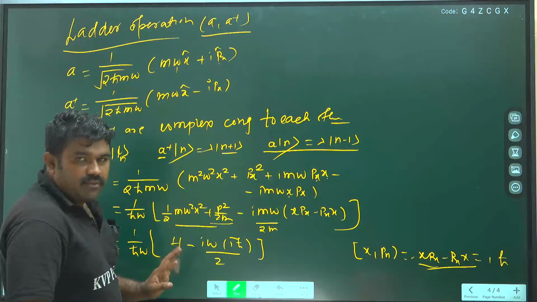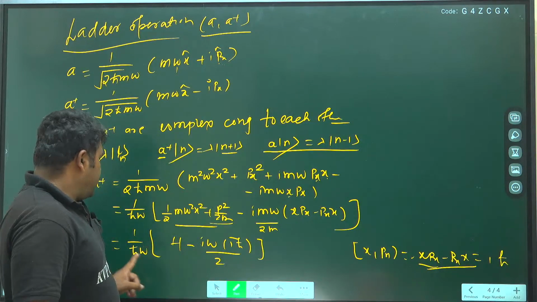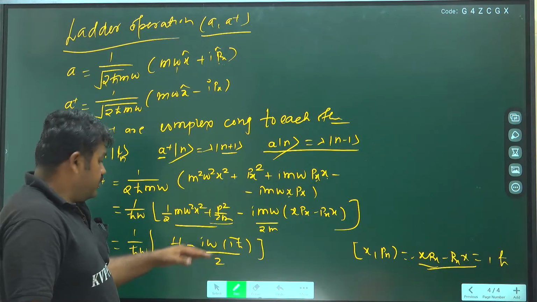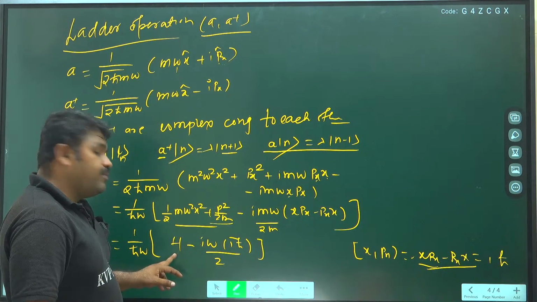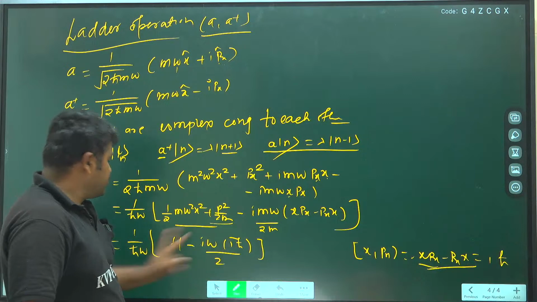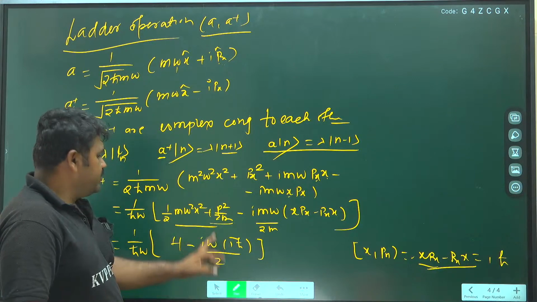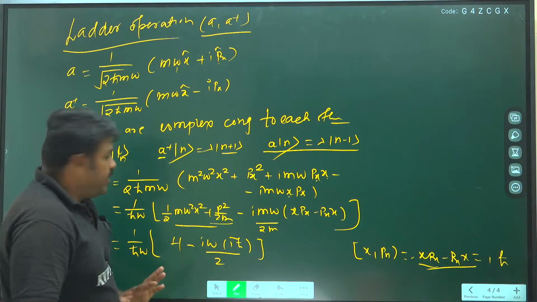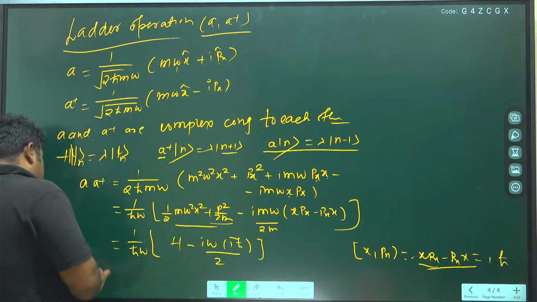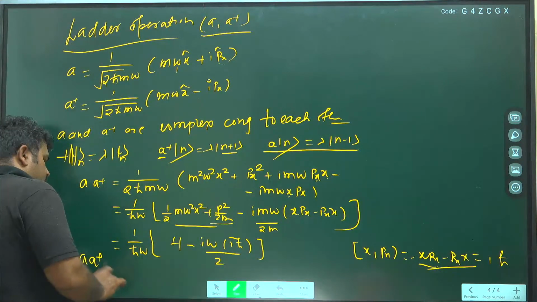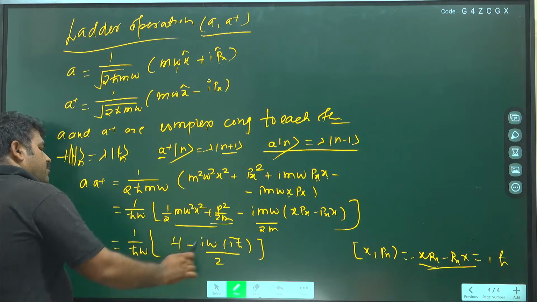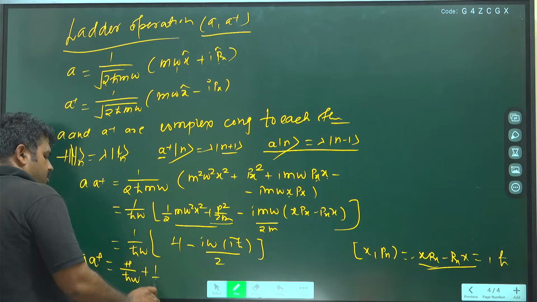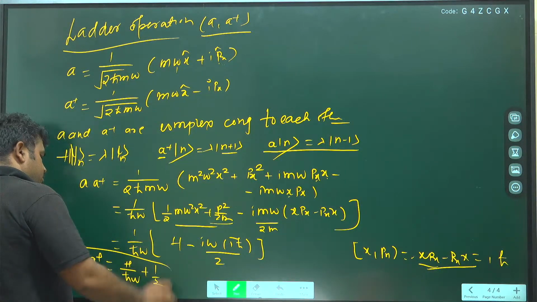Means what is the remaining one, ħω. We can divide the whole terms by ħω outside, then this becomes H upon ħω, and this ħω gets cancelled. Means here we get only 1 by 2. Means a into a dagger is equal to how much, H upon ħω, and this minus i square becomes minus into minus plus 1 by 2, plus 1 by 2.